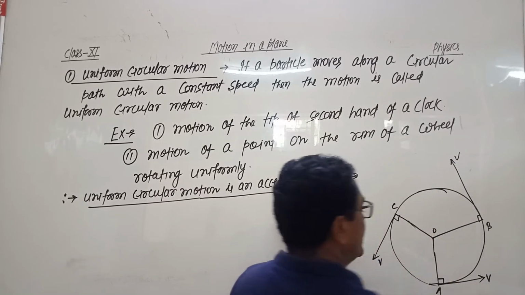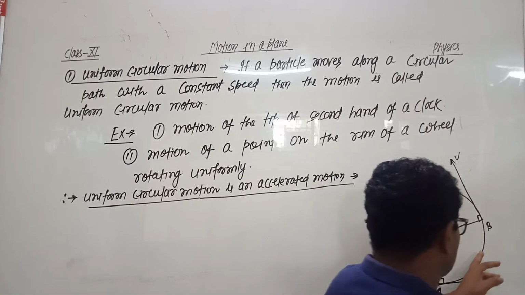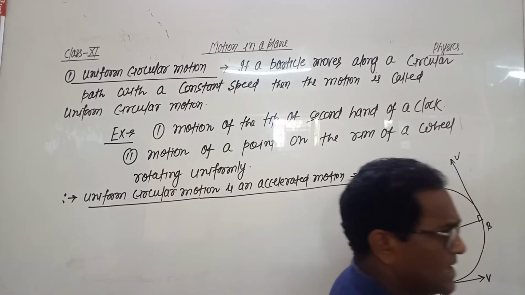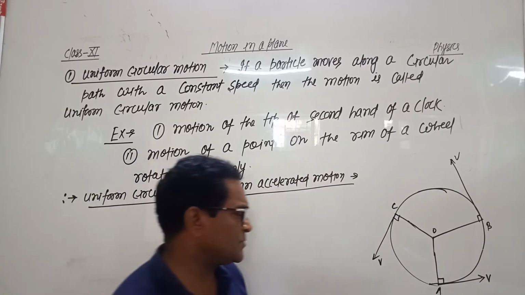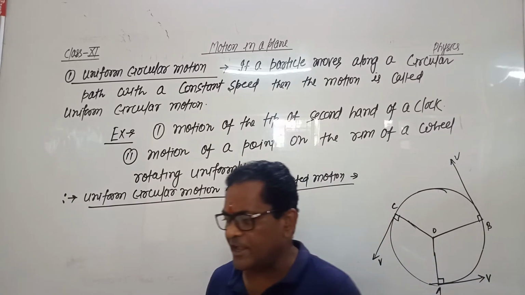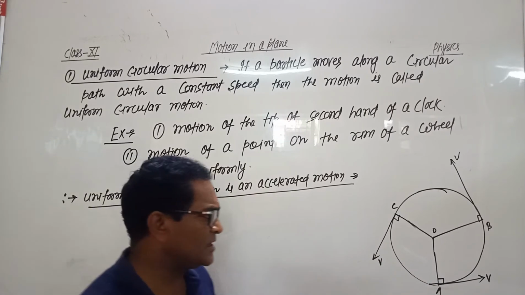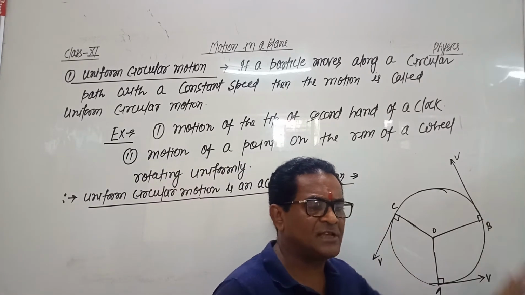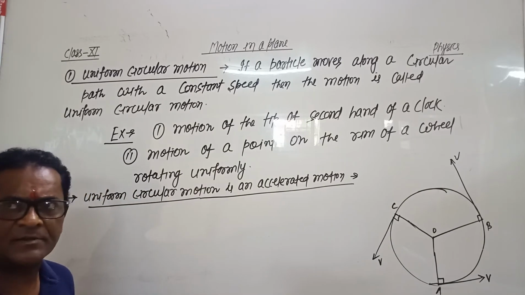So at every point in a uniform circular motion, its speed, meaning magnitude, remains constant, but velocity changes continuously because the direction changes continuously.